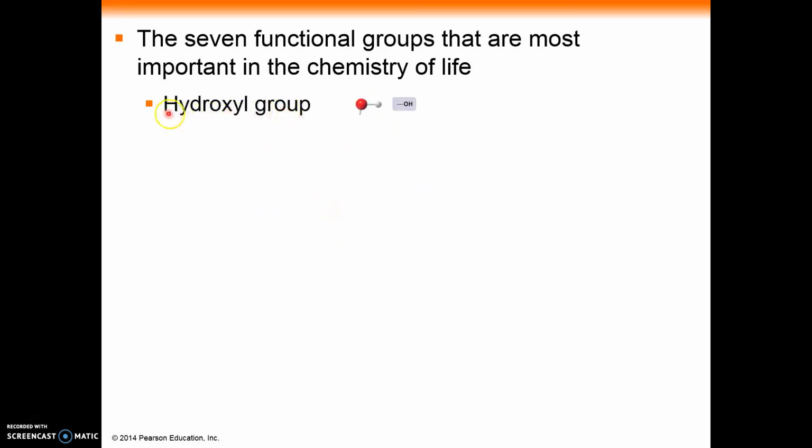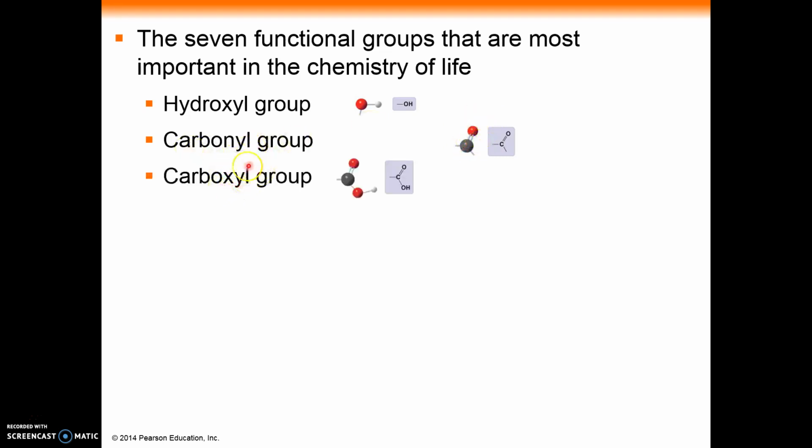Okay. Number 1 is a hydroxyl group. That is simply an oxygen with an attached hydrogen. We have a carbonyl group. That is when you have an oxygen double bound to one of the carbons in the chain. Okay, carbonyl. Now we have something very similarly named. Instead of carbonyl, it's carboxyl group.